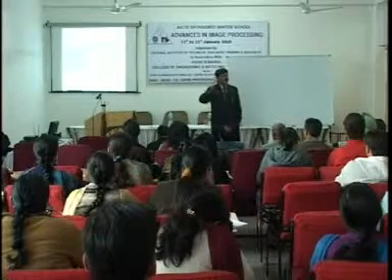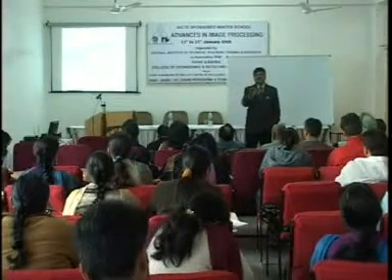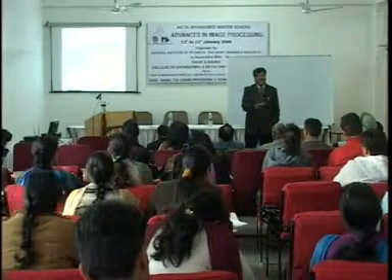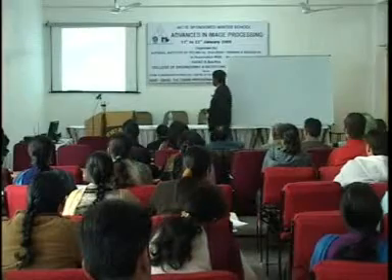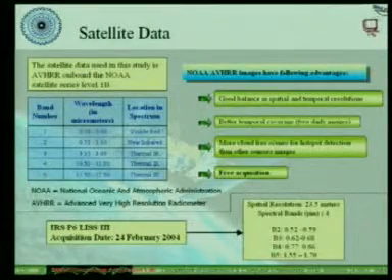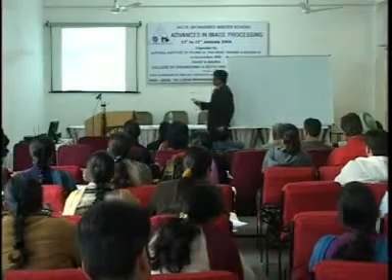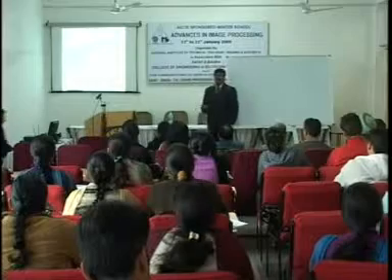In other satellites with very high resolution, the spatial resolution is in centimeters, but the temporal resolution may be 2, 3 or 6 months. So this has better temporal coverage.